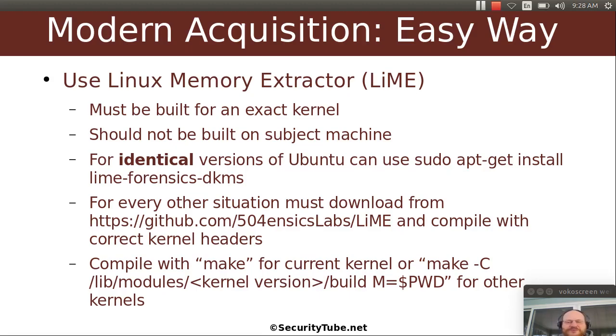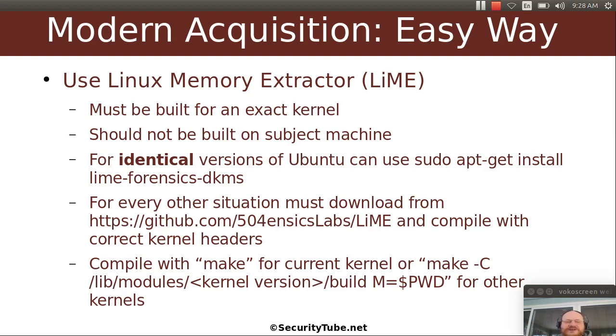And again, don't build this on your subject machine. If you have an identical version of Ubuntu to what the subject machine is running, you can do this super easy. You can just run sudo apt-get install lime-forensics-dkms. This will build and install LiME for you.